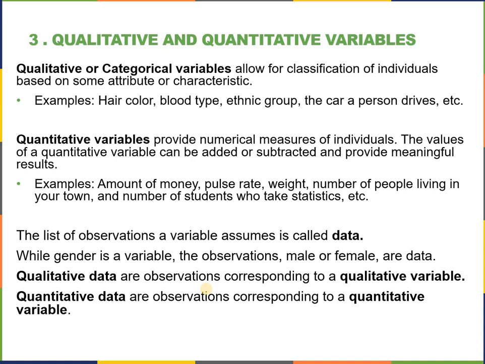Quantitative variables provide numerical measures of individuals. The values of quantitative variables can be added and subtracted, and they provide meaningful results, meaning there is a quantity attached to them.